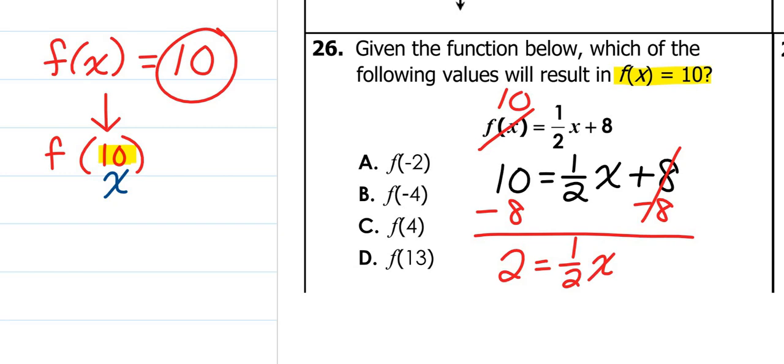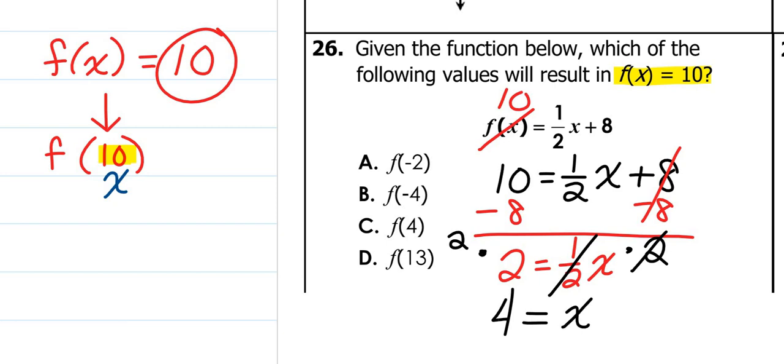Now to get x by itself, to get rid of the 1/2, remember we multiply by 2. That always gets rid of a 1/2. 1/2 and 2 will cancel. It'll multiply and give you 1, which we don't even have to write. And on the left-hand side, 2 times 2 is 4. So 4 is your x value.